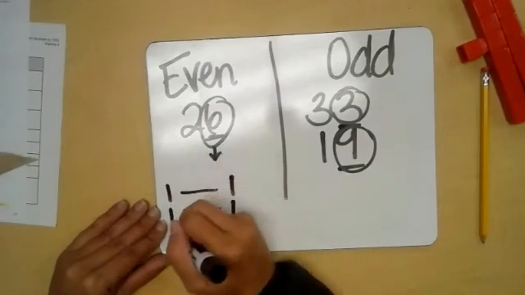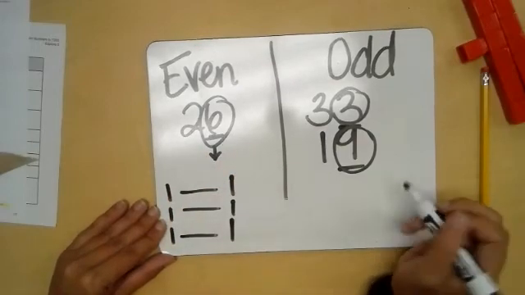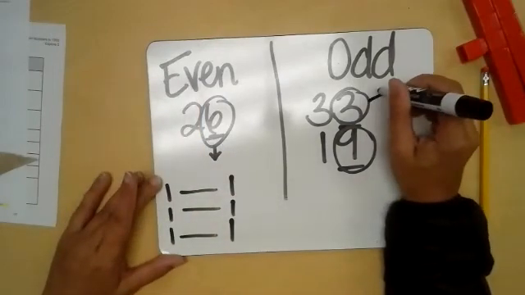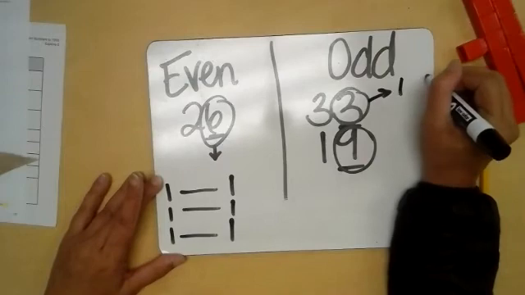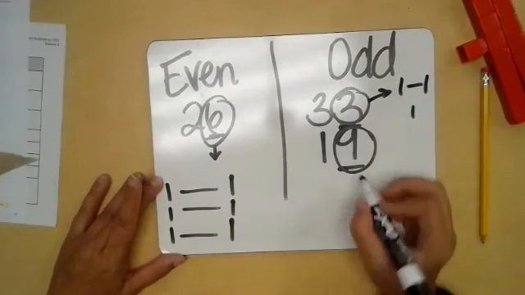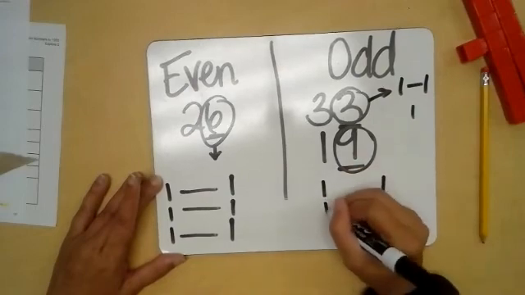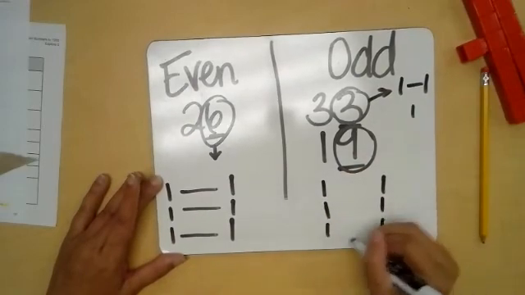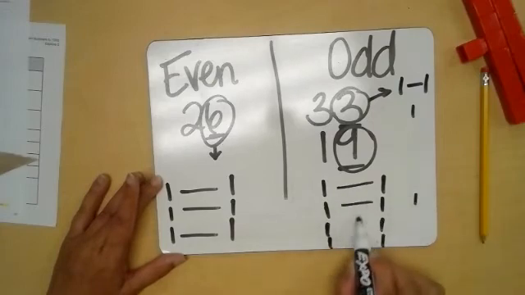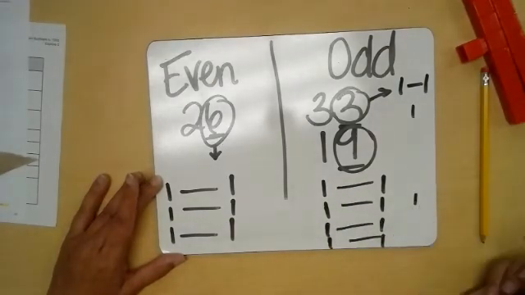They each have a pair. I don't have to look at the tens place. If I'm looking at the number 3, I have 1 and 1, but I have 1 left over. The 9. And then 1 left over. They each have a pair, except that 1.